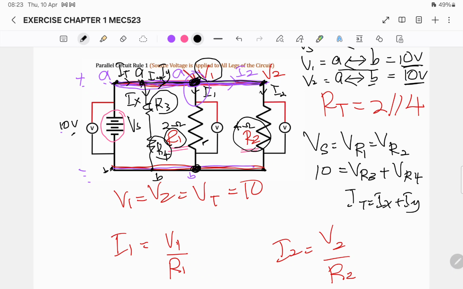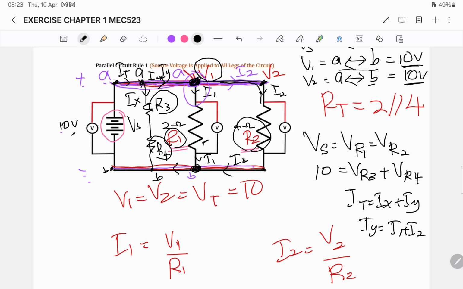And then IY, IY equals to what? Equals to I1 plus I2. Okay, because it splits there. And below, I2 will pass here, go down, still I2 here. I1 comes here.